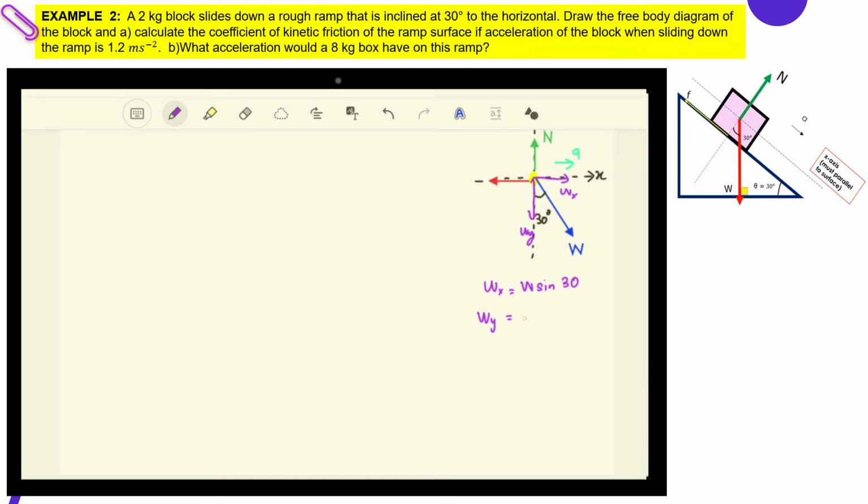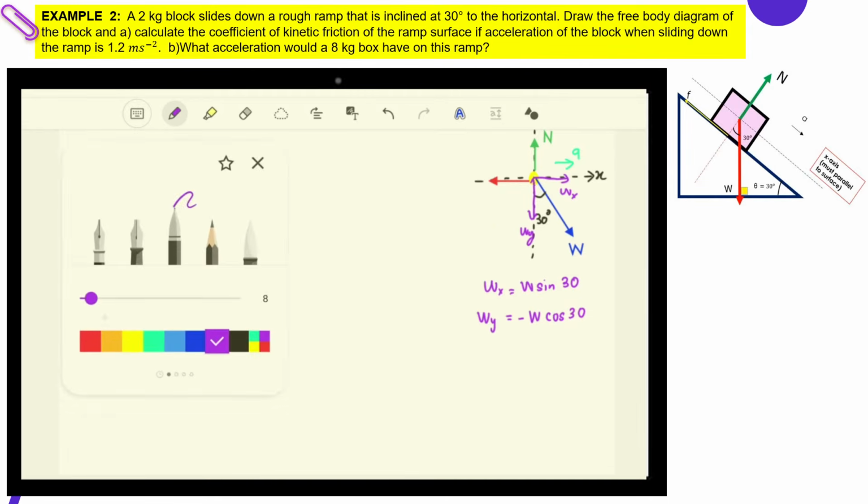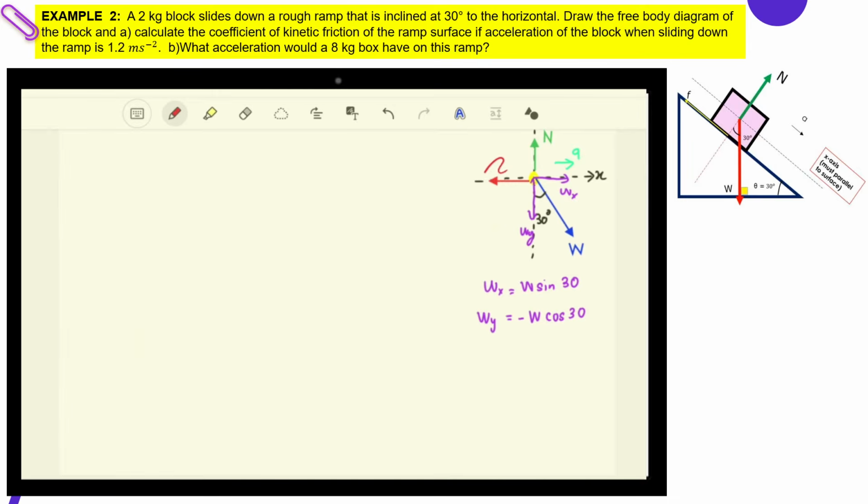Wy, we take it as negative W cos 30 degree. Okay, so now let's write the equation. Before we start, this is the friction.